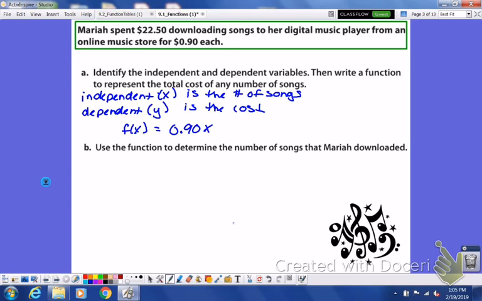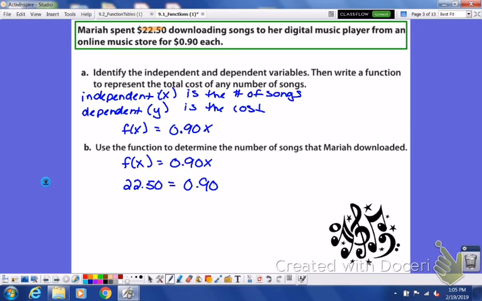In part B, use the function to determine the number of songs that Mariah downloaded. We're going to start by bringing our function notation down. Now in this case, we already know her cost. We don't know the number of songs. Her cost, if we look back up here, was the y, which since we're doing function notation is now our f of x. So we're going to substitute the 22.50 on the left side.